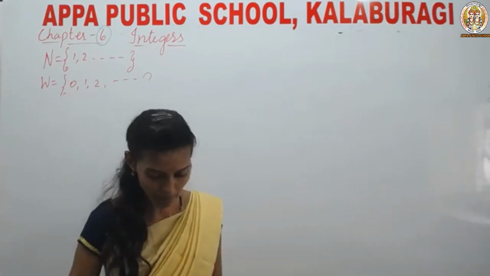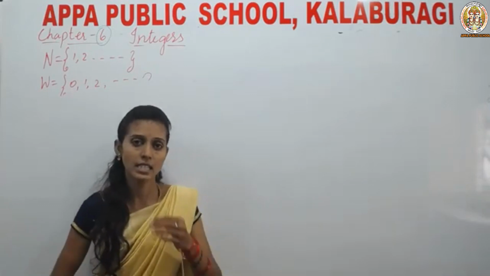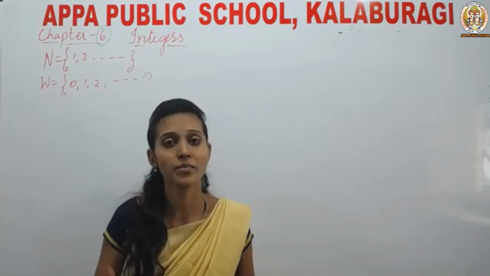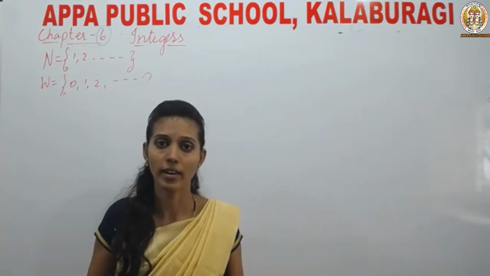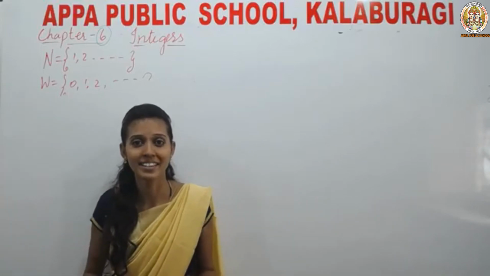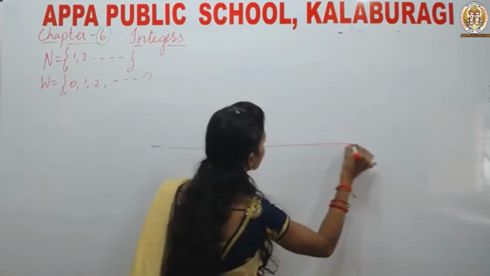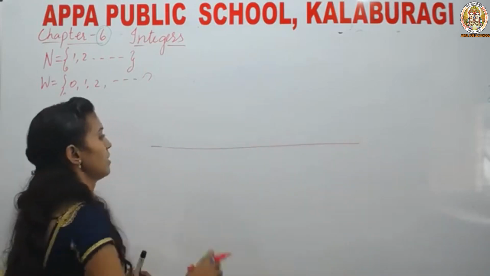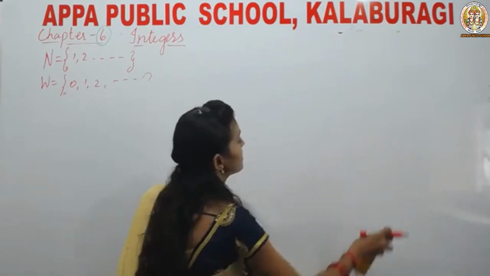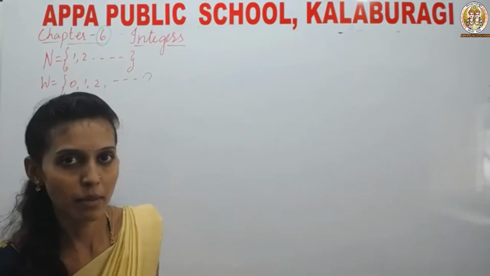See, integer is a mathematical word. It says right side positive, left side negative. Right side of what? Left side of what? On the number line, being a teacher, I'm not at all using mathematical instruments.